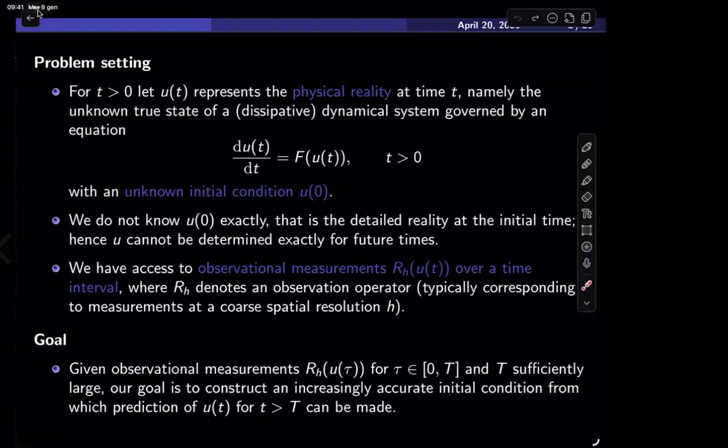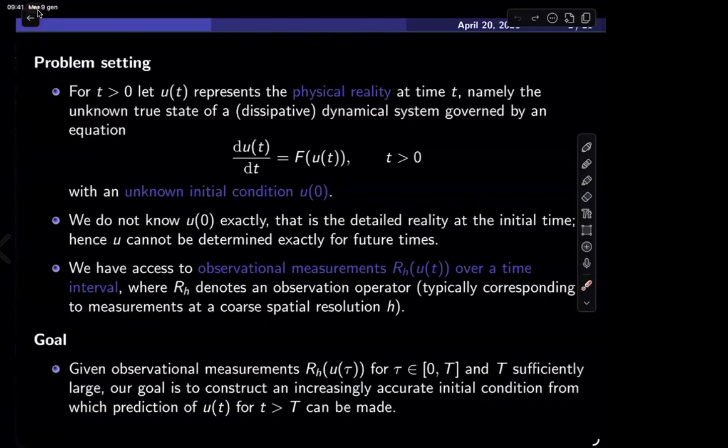And in order to do that, you can just observe the physical reality. So you can make some observational measurements that I will denote with this operator R_h of u(t), and I will explain in more detail what this operator R_h is. But at the moment, just think about this operator as the observational measurements that you can make over a sufficiently large time interval.